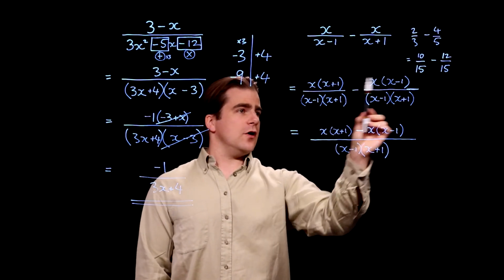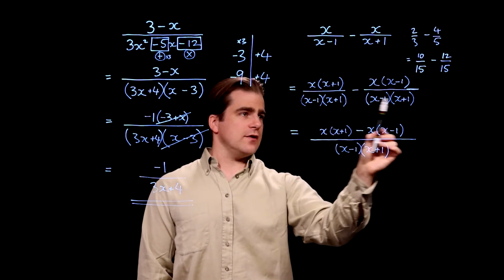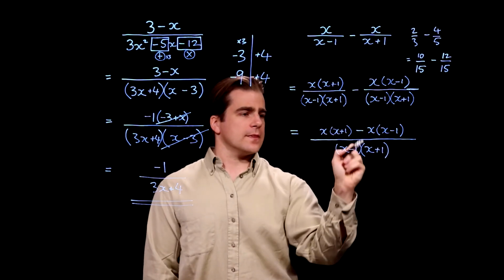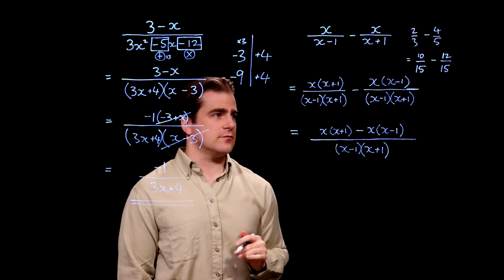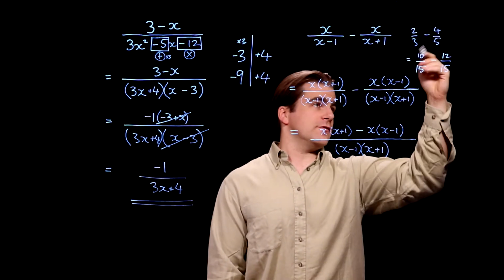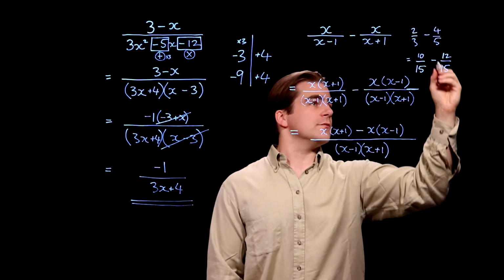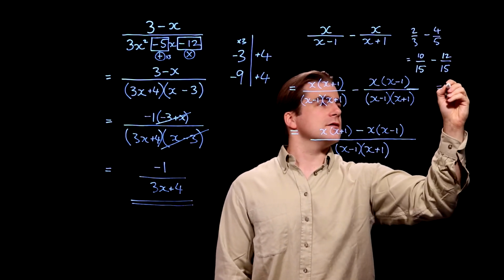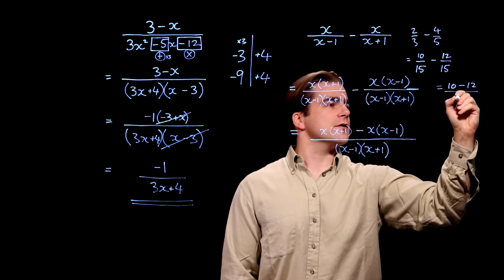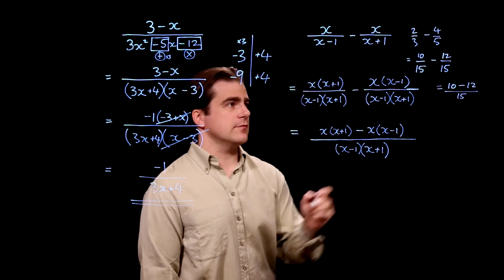So I've left the top alone. I've just written the bottom all over the single denominator because we're allowed to do that. It just looks neater. Going back to the number example, we could rewrite this as 10 minus 12 all over 15. It's the same thing.